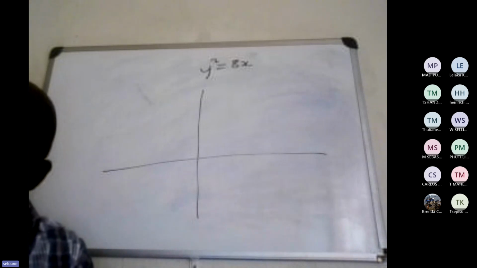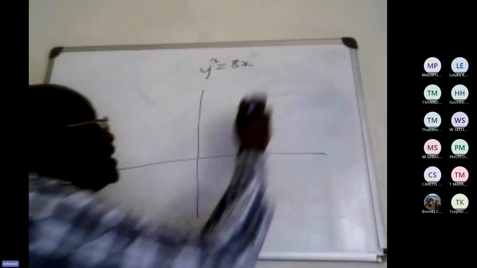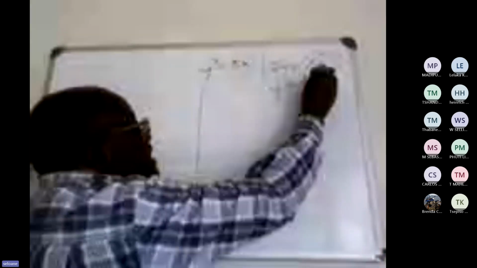You know how to sketch y is equal to x squared. Can you sketch 8y is equal to x squared? Because if you can sketch this one, then you can sketch this one. That is, can you sketch y equal to 1 over 8 x squared?